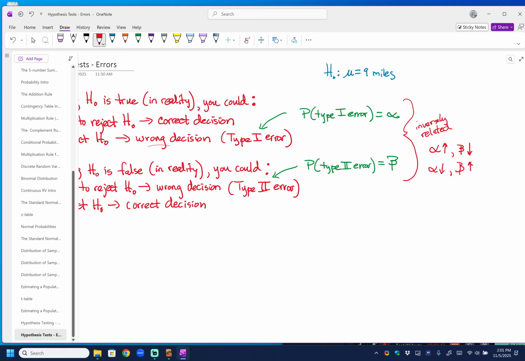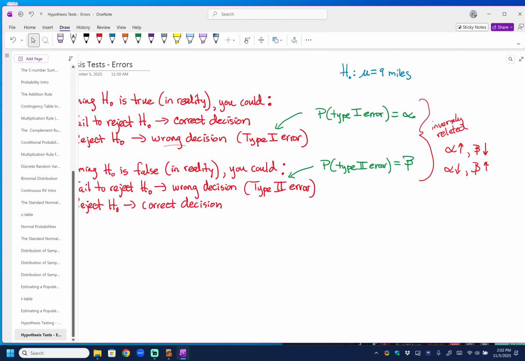Why is it important to know that they're inversely related? Because in the context of the problem, the wrong decision that you're making could lead to drastic results that you never would want to happen. So just as an argument, let's say the type 1 error is very drastic and you would never want it to actually happen.